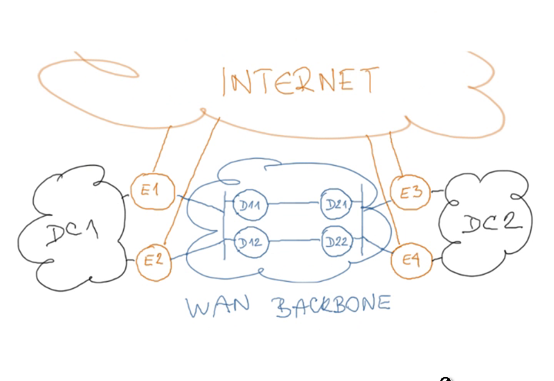Now with this outside backbone in place, if we redraw the pictures and focus only on the outside side of our network, you see that we have effectively transformed our network into a pretty simple, almost ISP-like network.